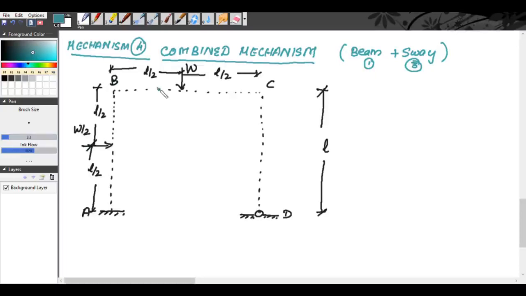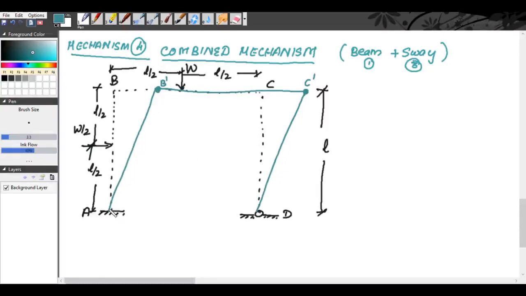So this B will be shifted to B dash and C will be shifted to C dash. So our beam will be shifted to B dash C dash. Our frame will be like this.